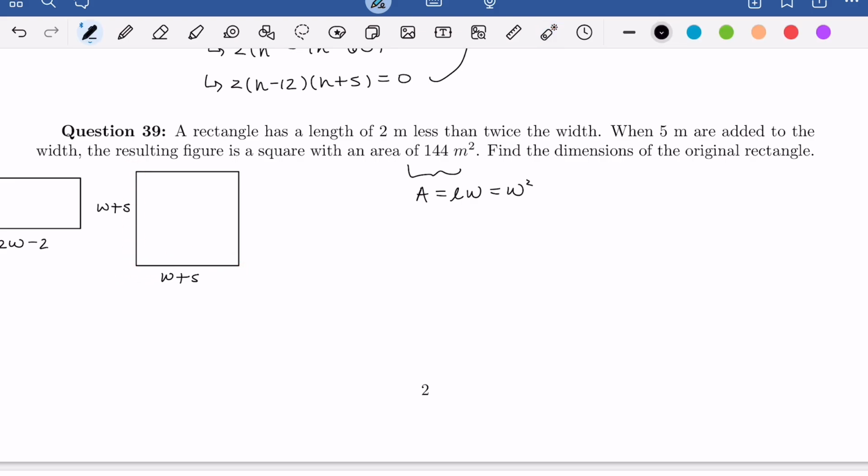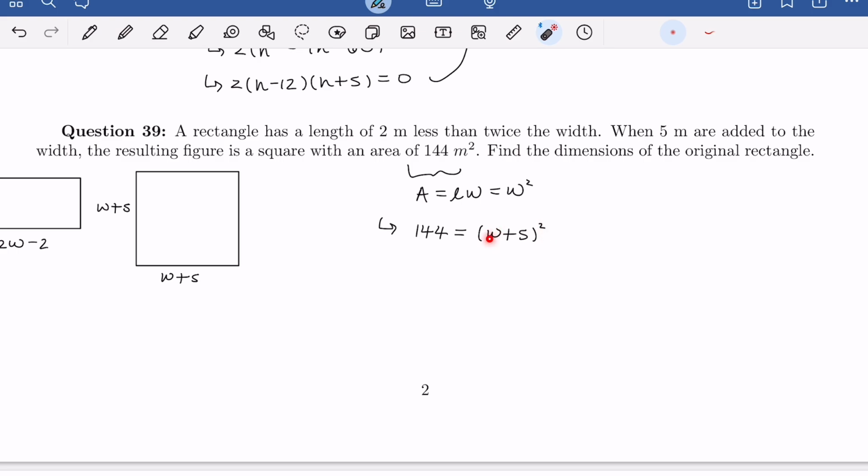So what we can do is plug in our given information. The area is going to be 144 meters squared, and this is going to be equal to the width of our square squared. So this would be w plus 5 squared. Just to emphasize, if we wanted to find the area of this guy, it would be w plus 5 times w plus 5, which is this guy squared.